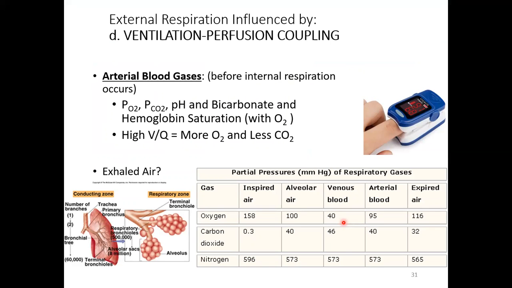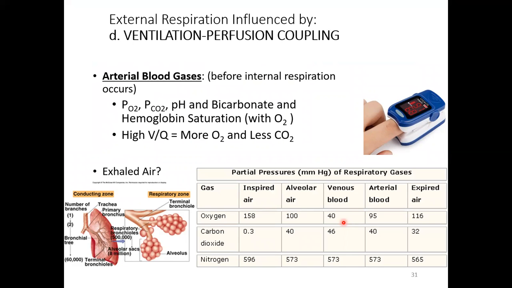Okay, so arterial blood gases, right? So we know that we match ventilation and perfusion so that we can essentially establish an appropriate partial pressure gradient within the alveoli so that we can get appropriate dissolving in the fluid of the lungs, crossing over those respiratory membranes, and ultimately loading onto or off of the blood cells.